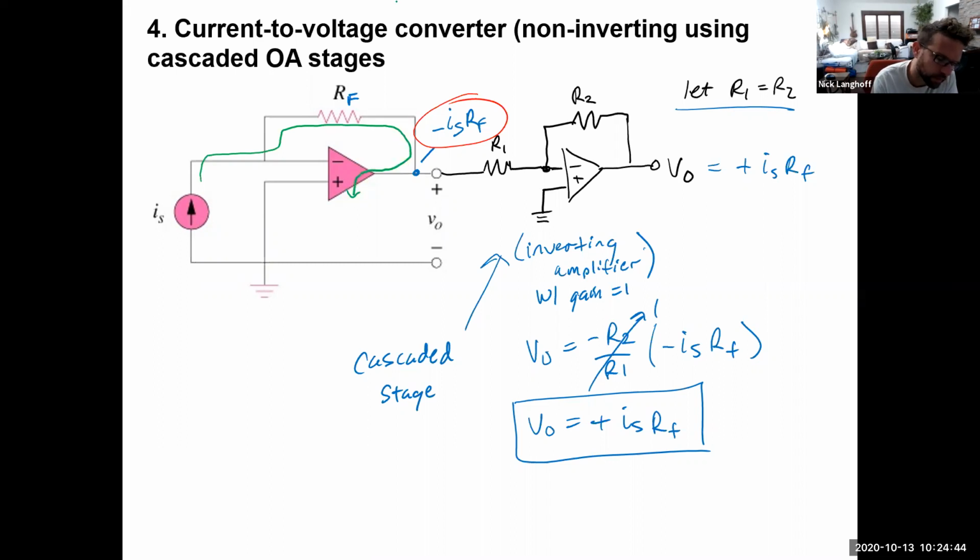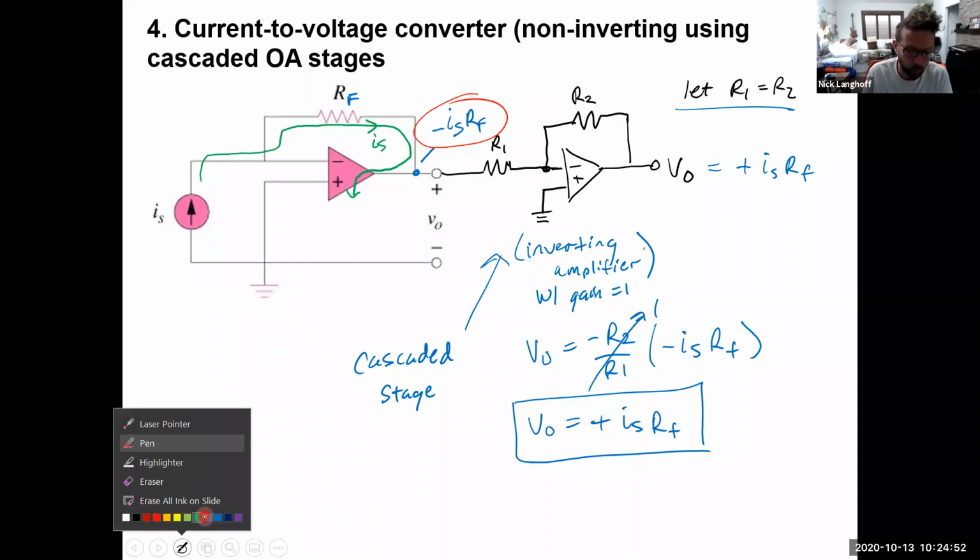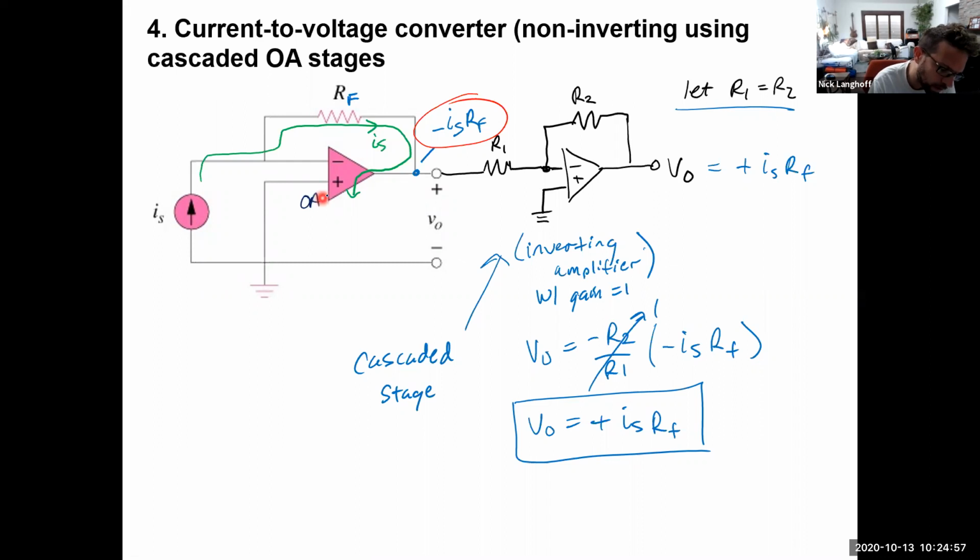So we already knew that it had to take care of IS. But remember, the op amp will do whatever it has to. Let's label these: this is OA1 for op amp 1, and this is OA2 for op amp number 2.